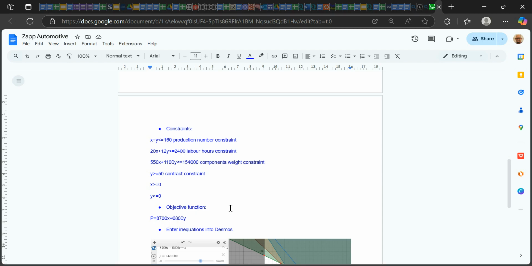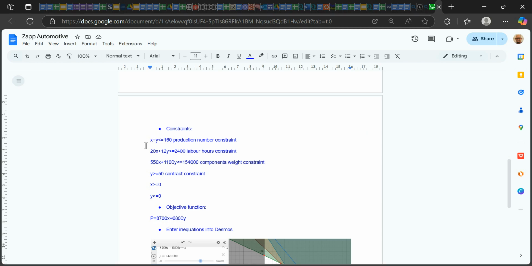So I've got x plus y, disregard the numbers, disregard the constants, and here I've got 8,700x plus something y.